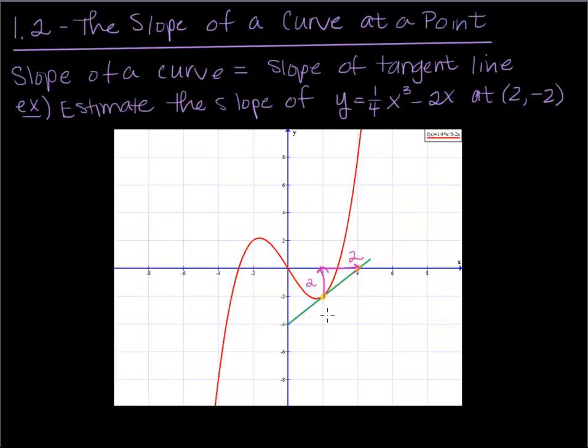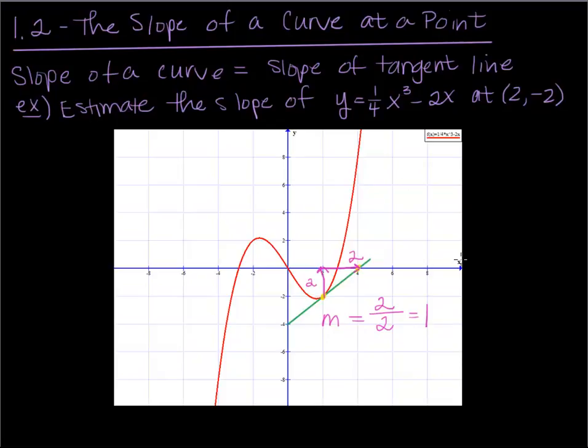What is the slope of the green line? The change in y first over the change in x, so 2 over 2. I would estimate the slope of this curve to be 1.